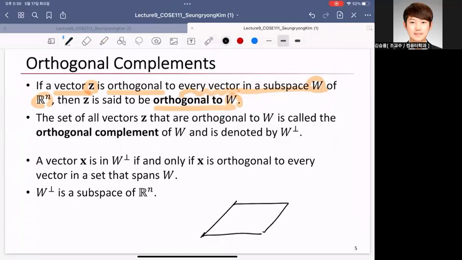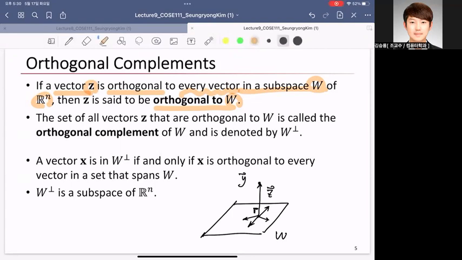Let's say subspace W is here, vector Y is here, then vector Z is orthogonal to every vector in W. Then we say that Z is orthogonal to W, subspace W.